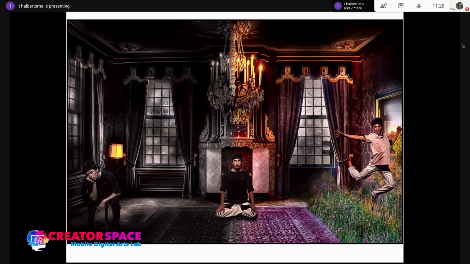So I took a room, photographed one person in three different modes, and then changed the room according to the mood. So you see one side is warm light, you see all the gold stuff, and the other side is really drained of joy and pleasure. And somebody is centered in the midst.